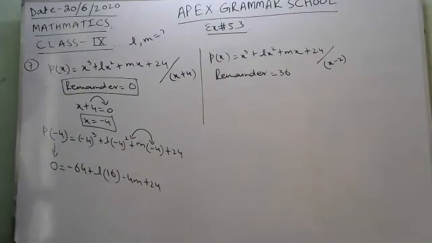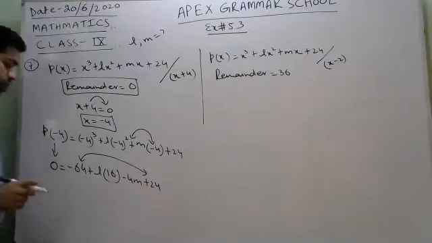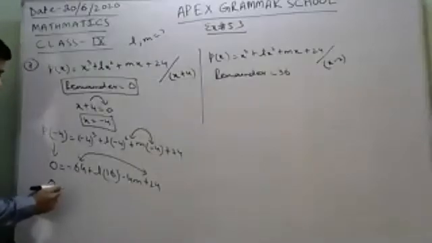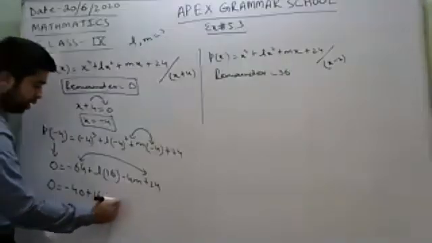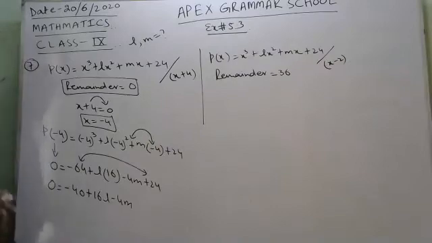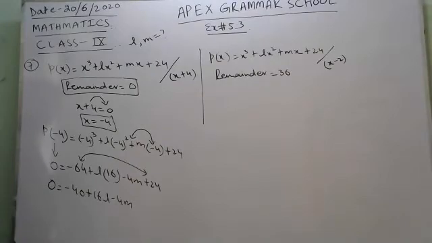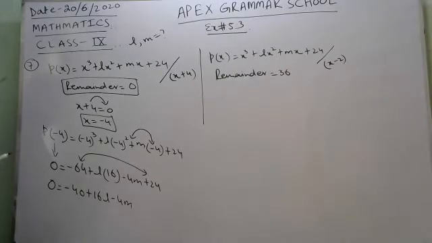Now this minus 64 and this plus 24 will give minus 40, plus 16L minus 4M. This is the equation, and you can confirm it. Minus 64 plus 24 is minus 40.